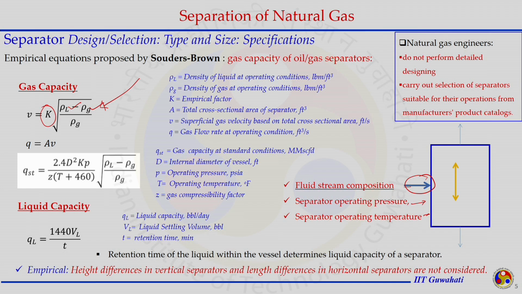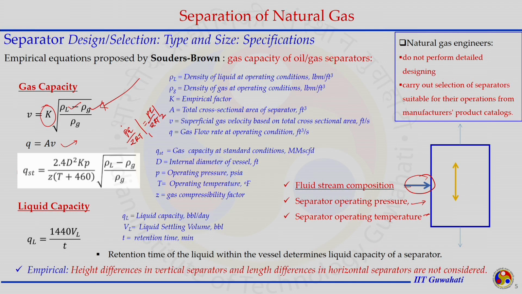Once we know the velocity of the gaseous phase, we can calculate the flow rate by knowing the area, or the cross-sectional area, that could be pi d squared by 4 if it is a cylindrical pipe. This condition we can transfer to standard condition considering the real gas law, that we know PQ by ZRT at one condition is equal to PQ by ZRT at a second condition.